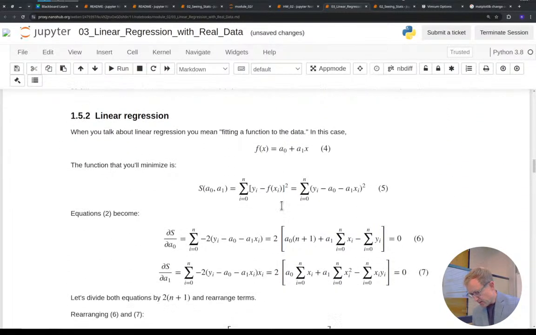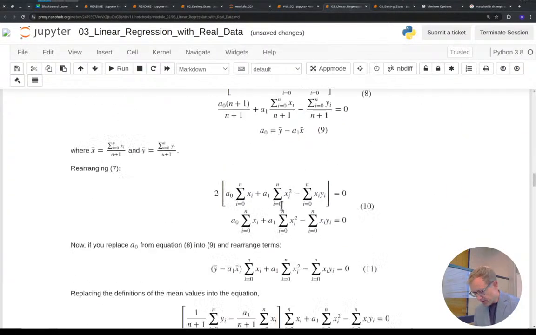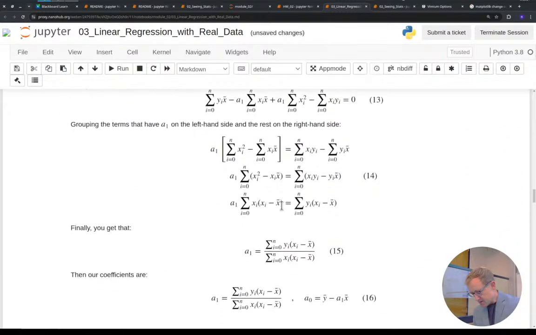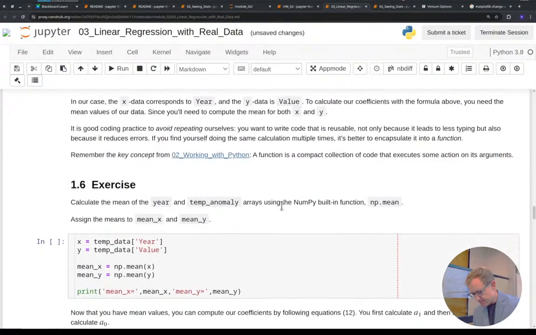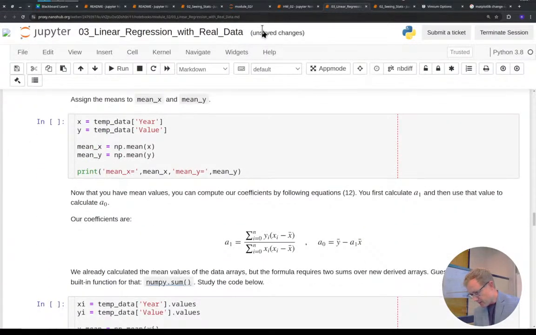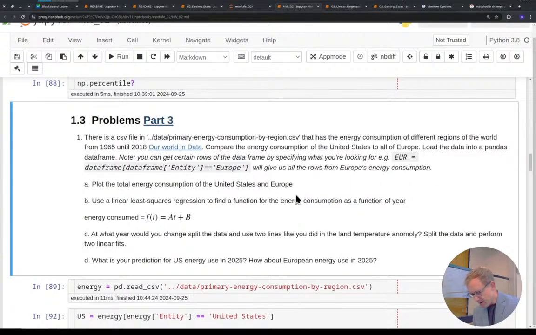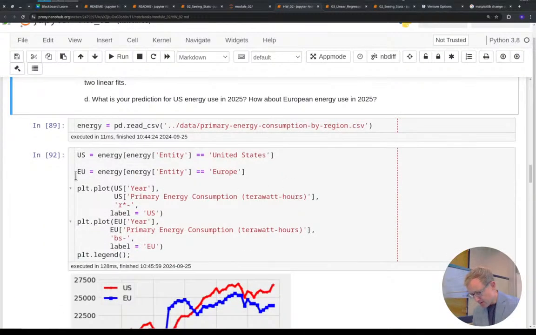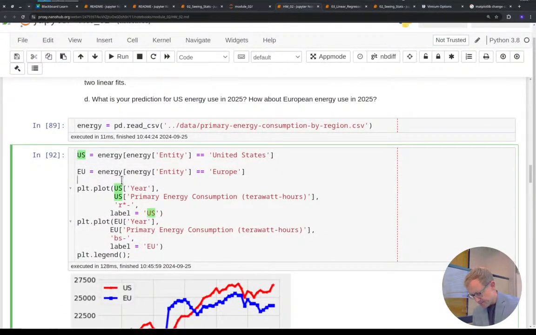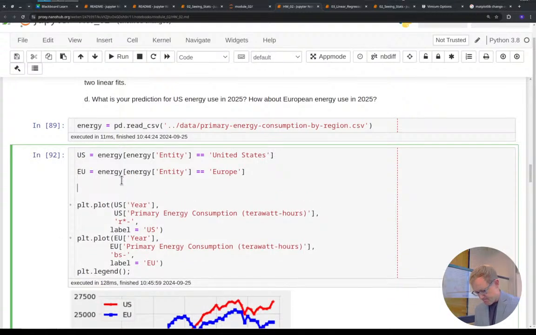Linear regression has to do with means and standard deviations. Or, as you can imagine, since we're in Python, we can load in and say US fit is polyfit.